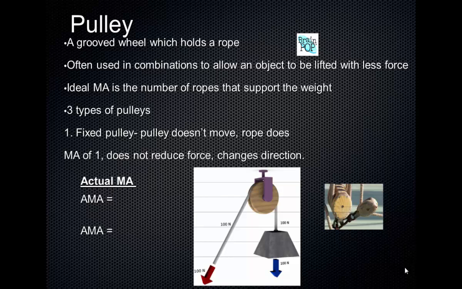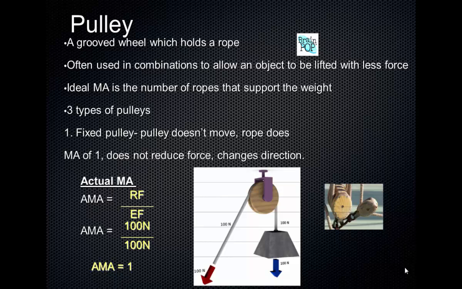So the actual mechanical advantage of this pulley, if this is 100 Newton mass, and we have to pull with 100 Newtons, then the mechanical advantage would come out to be 1. Now, does anybody see an error? Would this match up with reality if I'm actually using that pulley?